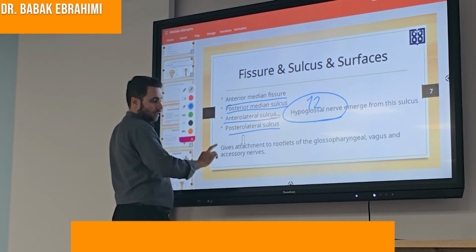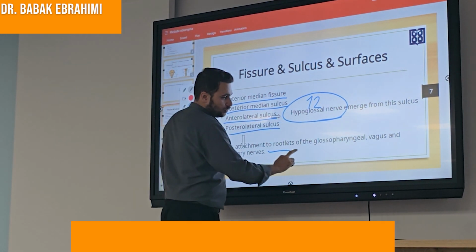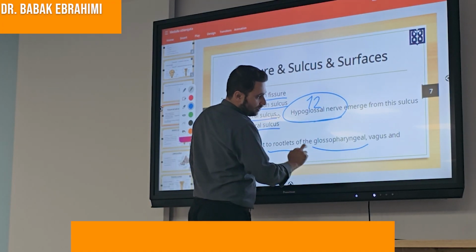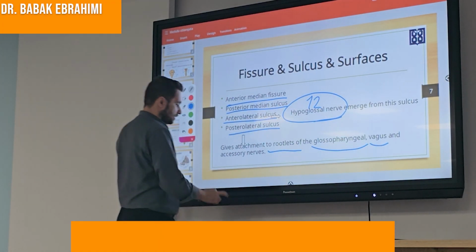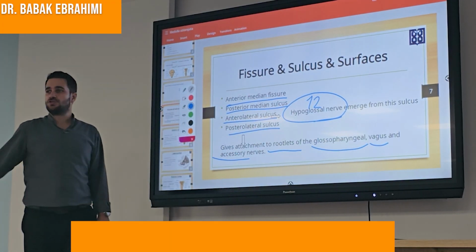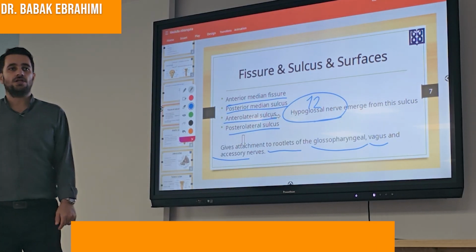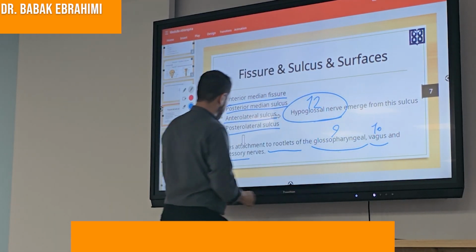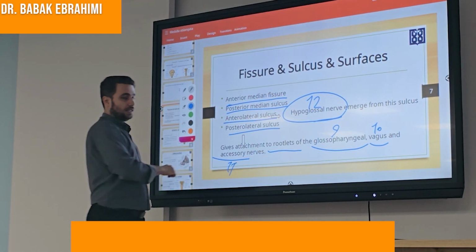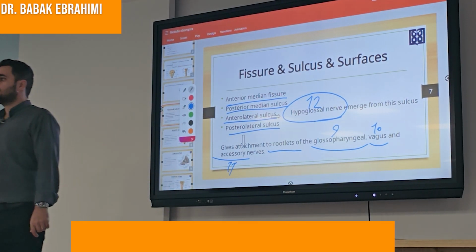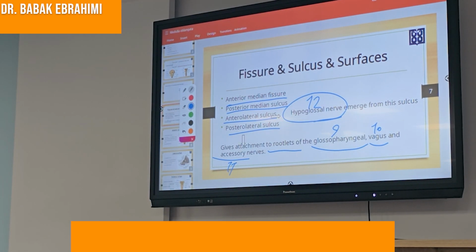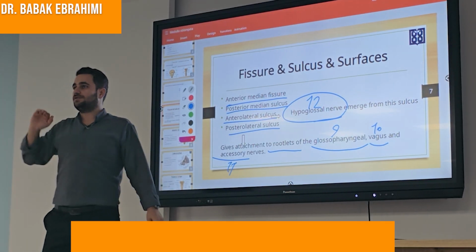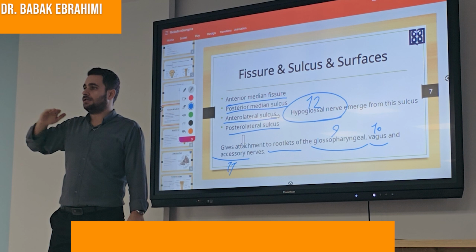The posterolateral passes the rootlets of the glossopharyngeal, vagus, and accessory. Which numbers? 9, 10, 11. So the anterolateral is for passing the hypoglossal, and the posterolateral from superior to inferior, 9, 10, 11.